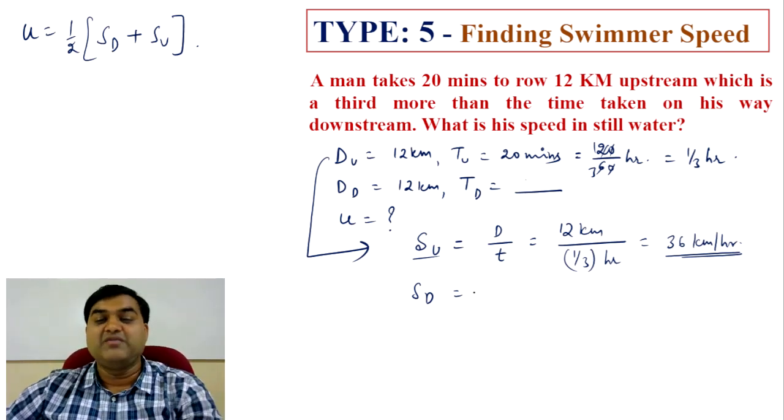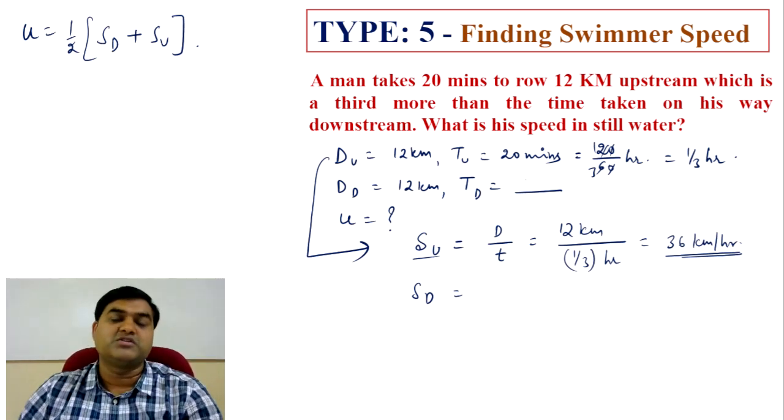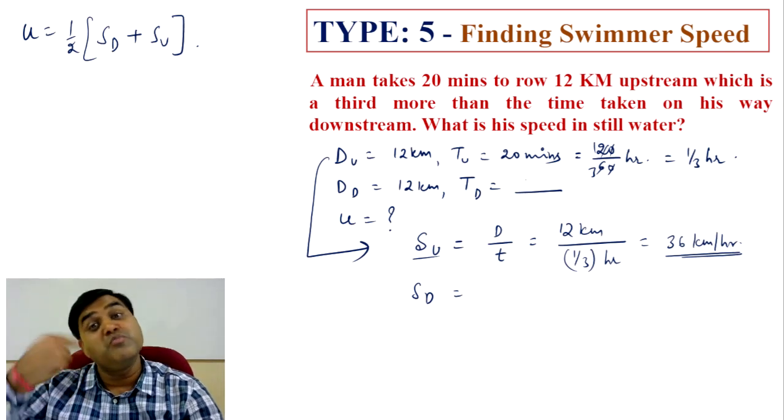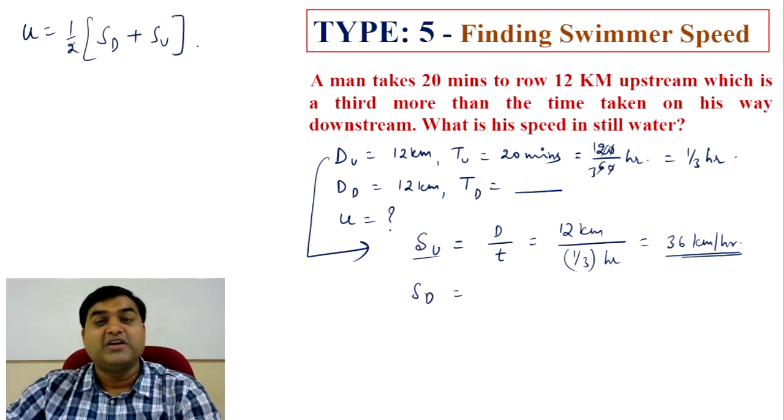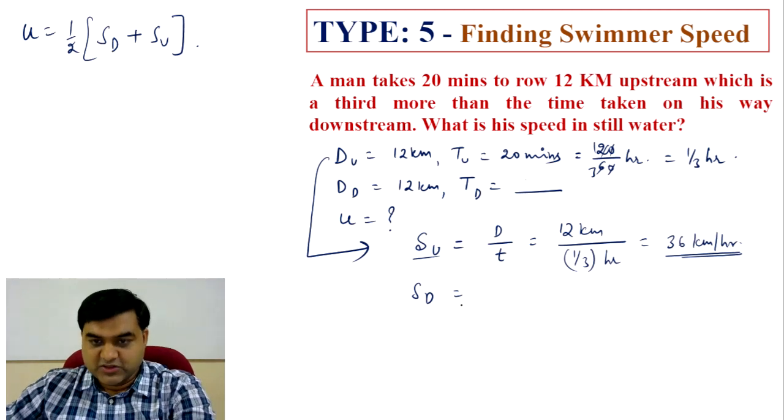So can we tell the speed of the person in downstream will be 1/3 more than the speed of upstream? Okay, so let's write, that is nothing but up speed plus 1/3 of up speed, more means plus, correct?